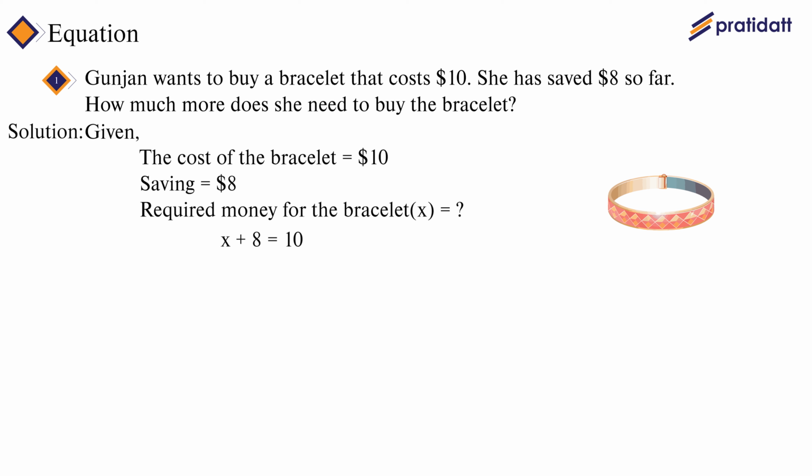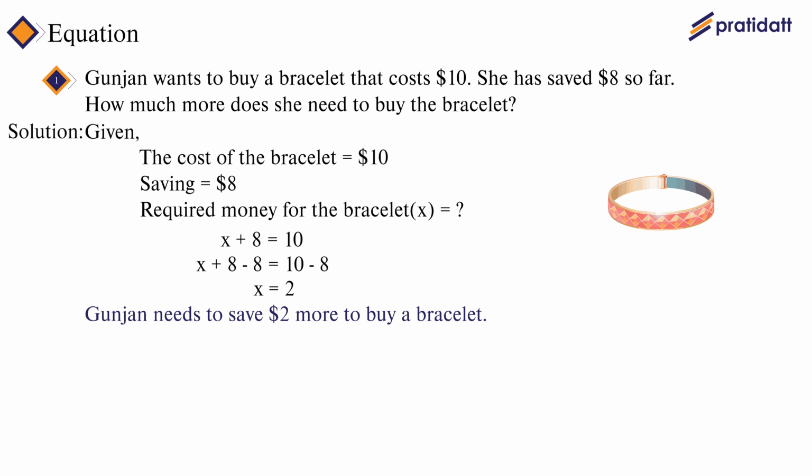Subtract 8 from both sides. x plus 8 minus 8 equals 10 minus 8. We get x plus 0 equals 2. Therefore, x equals 2. 2 is the solution to the equation. Therefore, Gunjan needs to save $2 more to buy a bracelet.